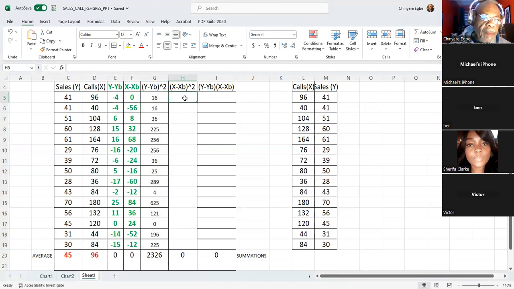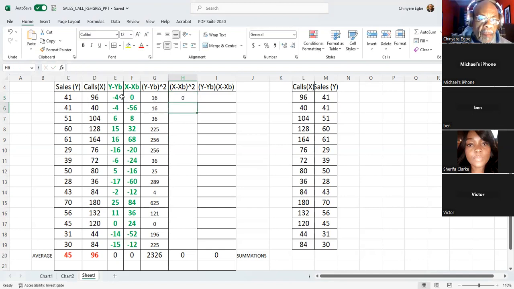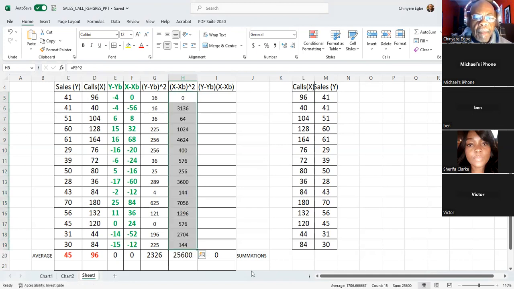You do the same for X minus X bar, which will be equal to F5 to the power 2. You drag it down. All right.